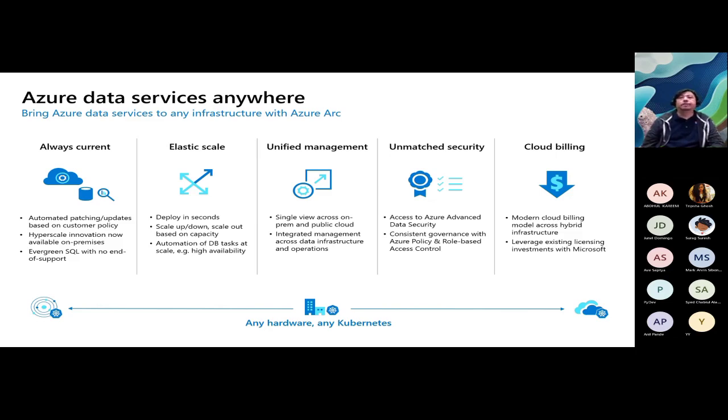You have a unified management with a single view across all your infrastructure, and you can extend your Azure security no matter where you run, and you can decrease your cloud billing reusing your existing hardware investment. These are the benefits that you can have using the Azure Arc with the data services anywhere.